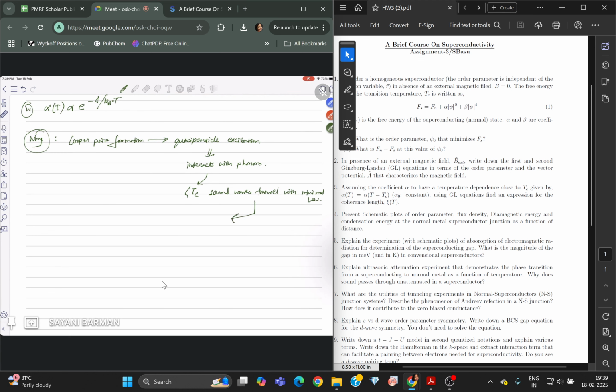This results in an application. What is the application? Application means superconductors will be an excellent low loss acoustic medium.